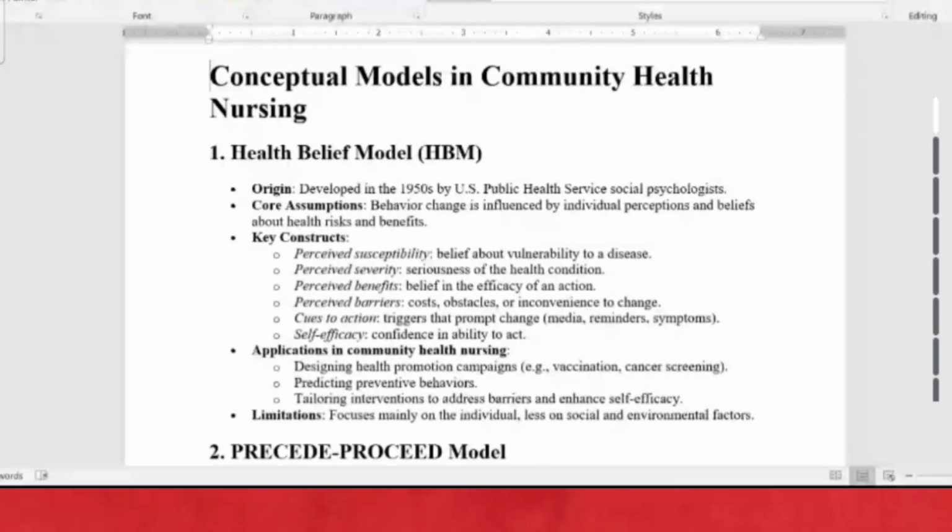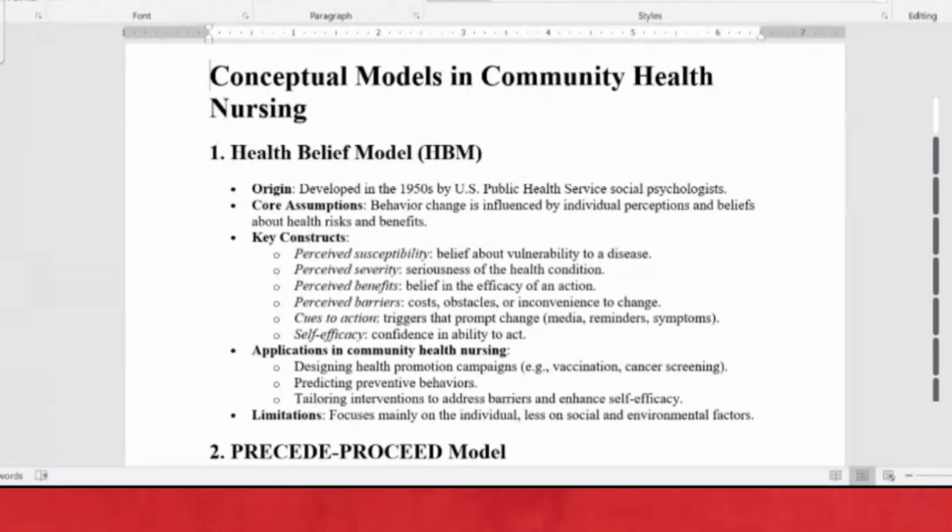Vulnerability is about the risk. How at risk are you in a particular society? How can you get a particular disease? It is because of our behavior. We change our behavior so that we can avoid these risk behaviors.